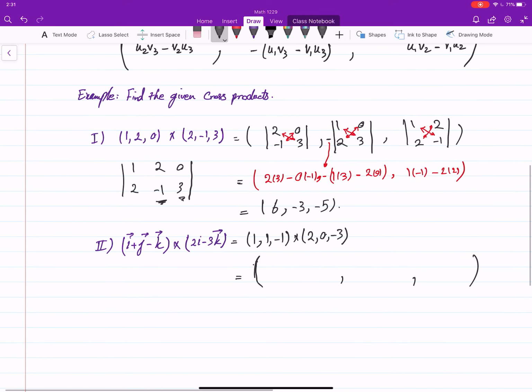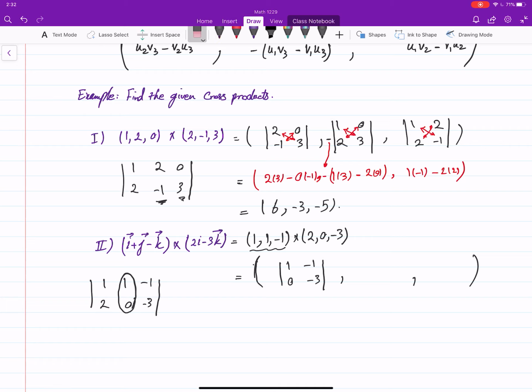How do we find it? I will follow exactly the same steps. First, put this one in the first row, and the second one in the second row. Ignore the first column. Then put 1, negative 1, 0, negative 3. For the second one, you forget the second column.